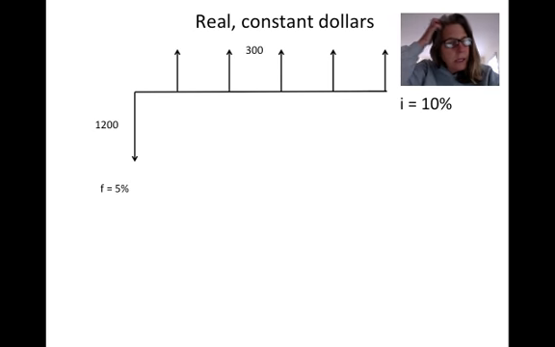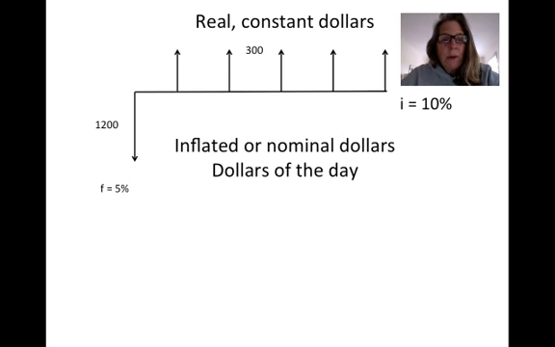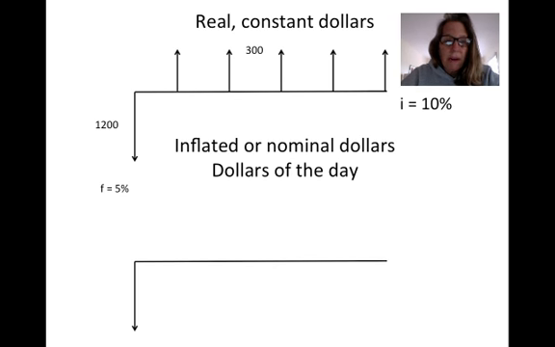In this case, let's assume we have a $1,200 investment that returns $300 a year for 5 years. We have a real interest rate of 10%. And in addition, we're going to say that inflation is 5% a year. So in order to calculate what the cash flows are going to be in an inflationary environment, the $1,200 is still going to be $1,200.